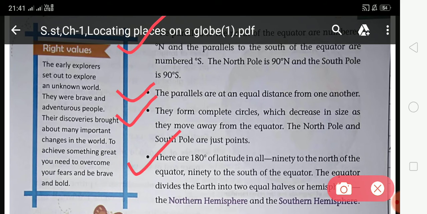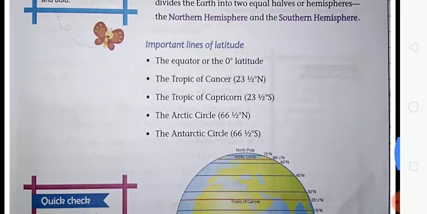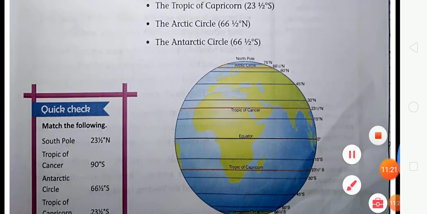Next, there are 180 degrees of latitude in all, 90 to the north of the equator and 90 to the south of the equator. The equator divides the earth into two halves, the northern hemisphere and the southern hemisphere. Students, look at this picture.